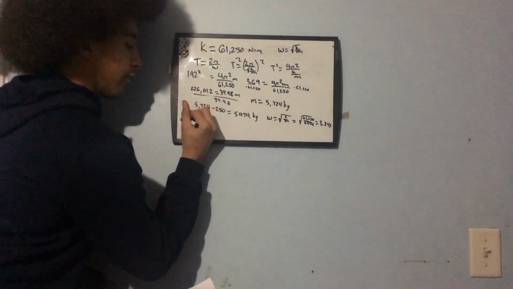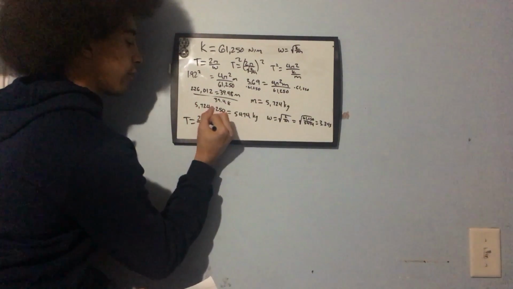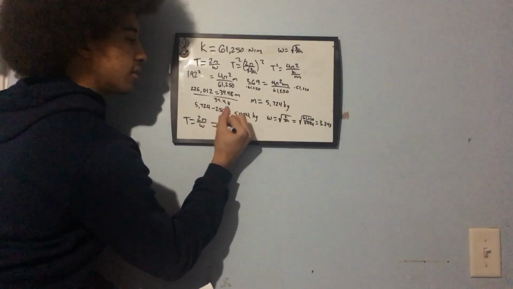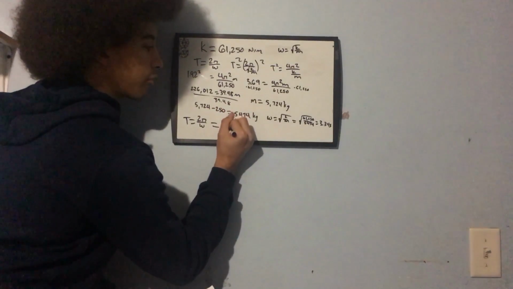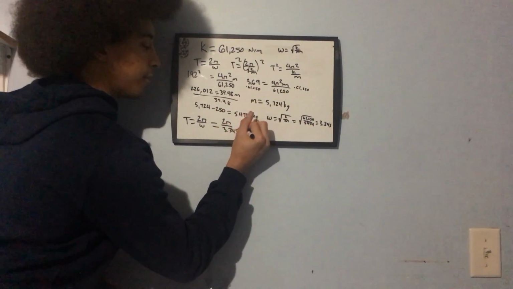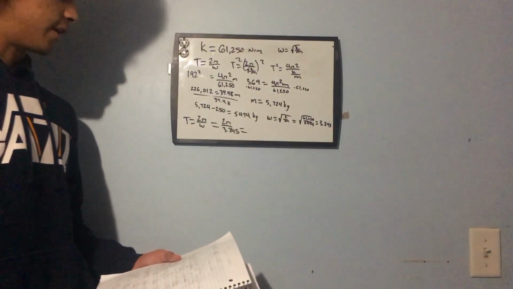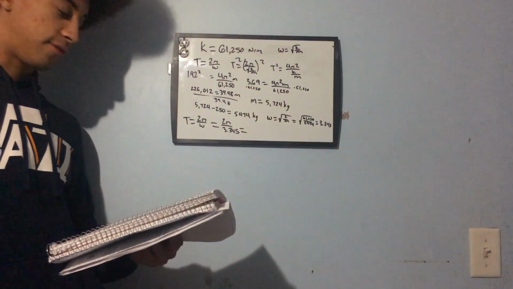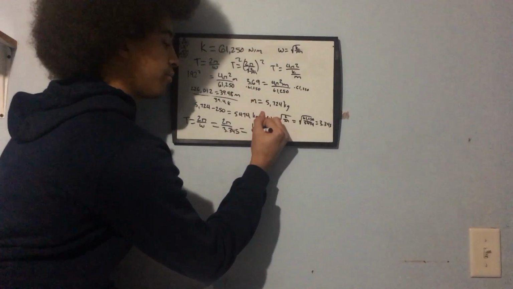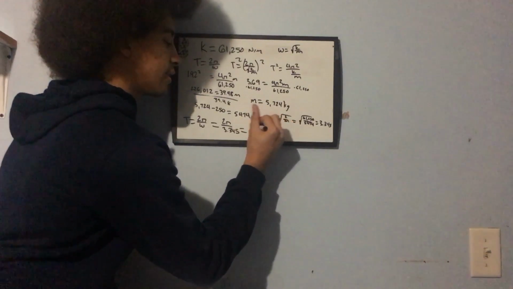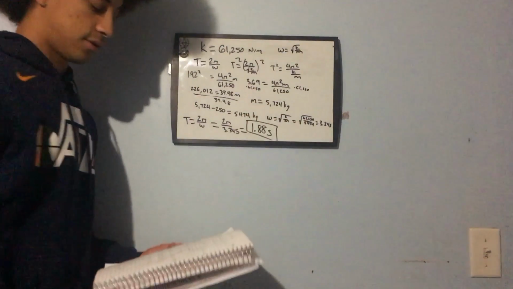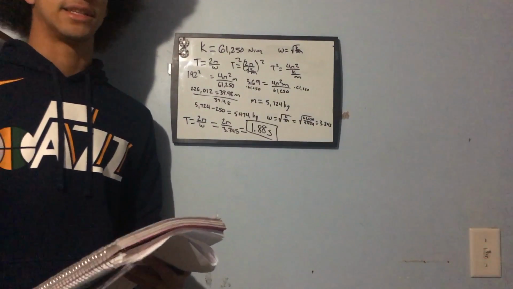And so we just use the period equation, 2 pi over omega. In this case, 2 pi over 3.345 equals 1.88 seconds. So that is problem 66.